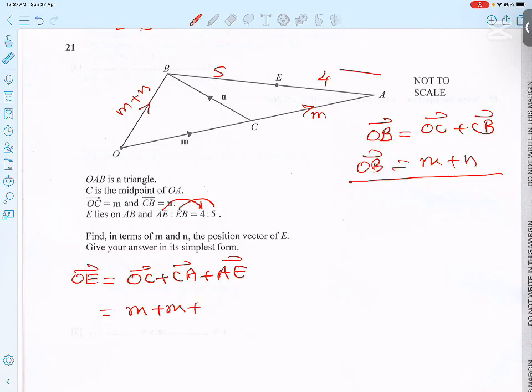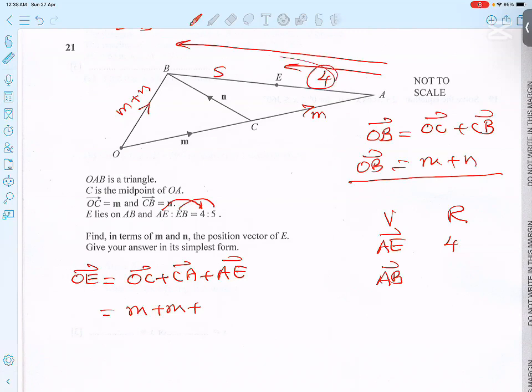Now I need AE. How to get AE? Its ratio is 4. I'm writing V for vector, R for ratio. AE vector is equal to 4 ratio. Can I use EB? No, because there are two unknowns, I can't solve it. So I need one known, that is AB, which I can find. So I'm writing here AB, and the ratio is 4 plus 5, 9.